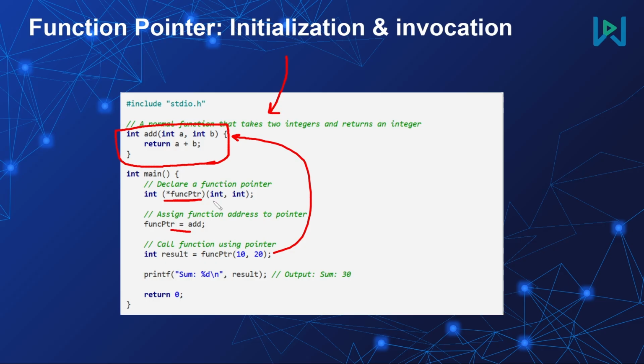As you can see, the signature of this function pointer must match the signature of our C function that this pointer will point to. So the data type of the input parameters of our function pointer, as well as the data type of the returned value, must be the same as those of the C function.